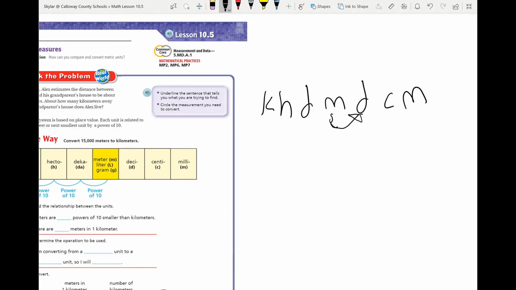Because you're going from a meter to a decimeter. A decimeter is smaller than a meter, so you multiply. Whenever you move to the left, you divide. And we are multiplying and dividing by powers of 10.